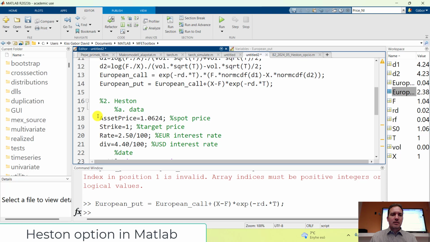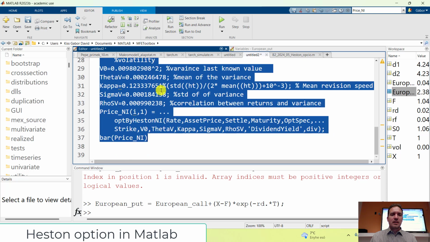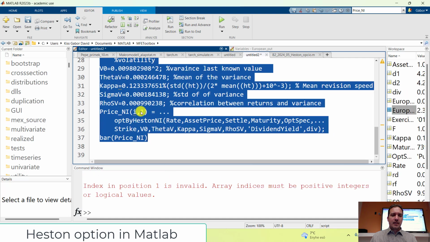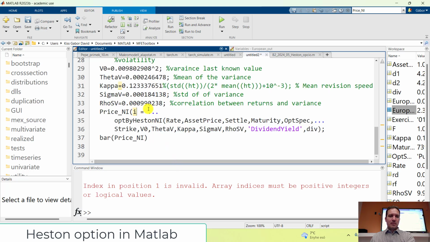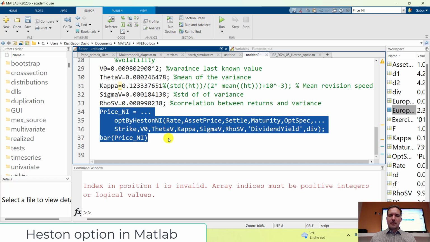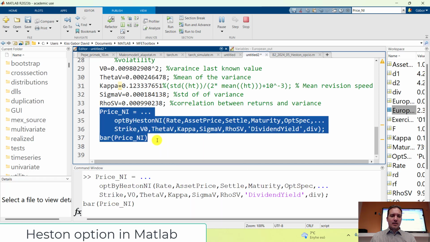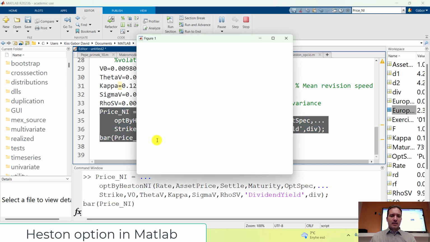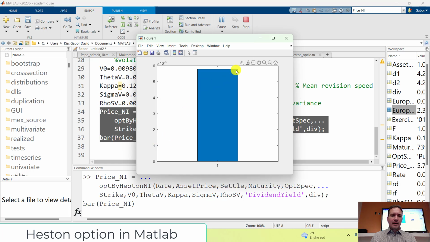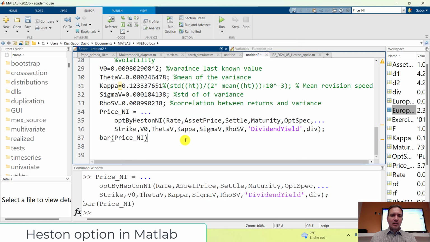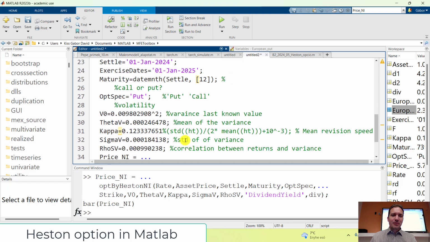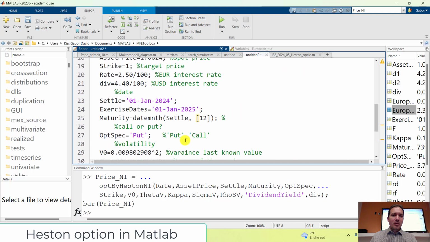And then we just have to execute all this thing, and then it fails because I don't have time variant index changes. Yeah. So this is the value right now for the put option.